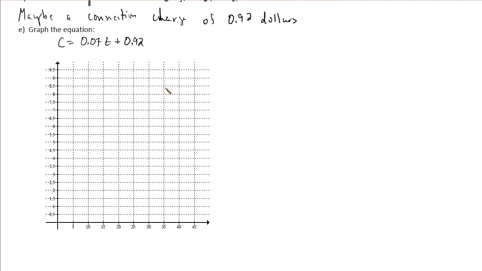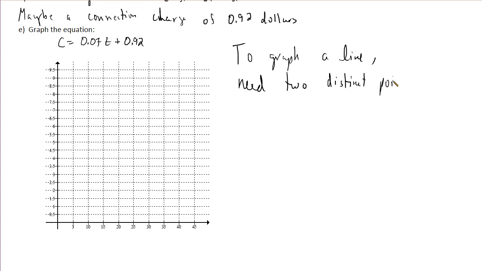And so what I would remember here is that to graph a line, we need two distinct points. Now, there's different ways that we can find those points. We can find the points just by substituting values. We can find the points using the slope and the intercept. But as long as we have 2 points, we can draw the equation.